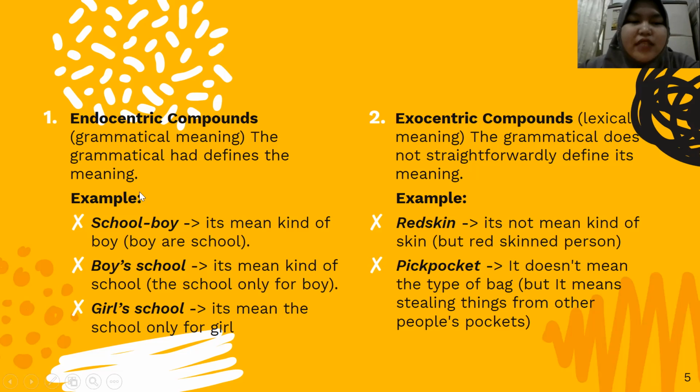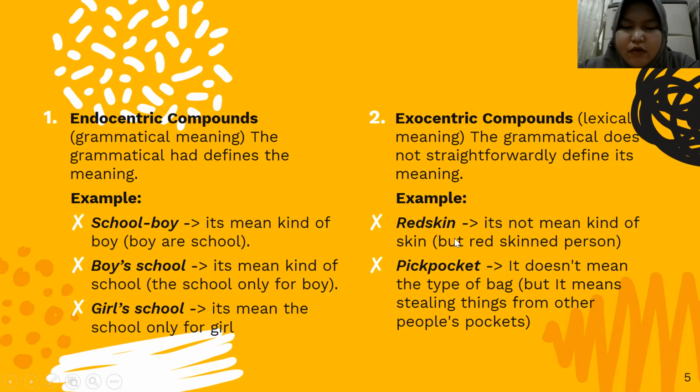So for the endocentrics, this is using grammatical meaning. So this is the real meaning using grammatical. And for exocentric compounds, the meaning is lexical because it is not straightforwardly defined.